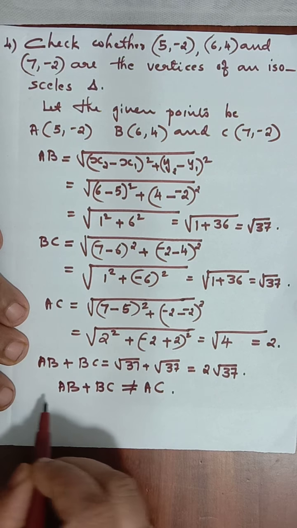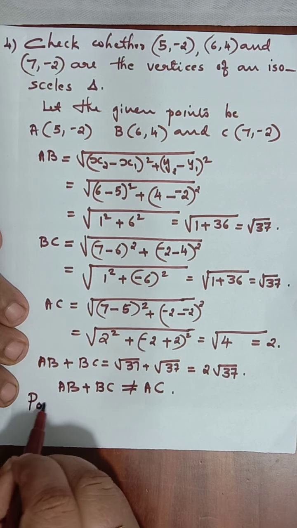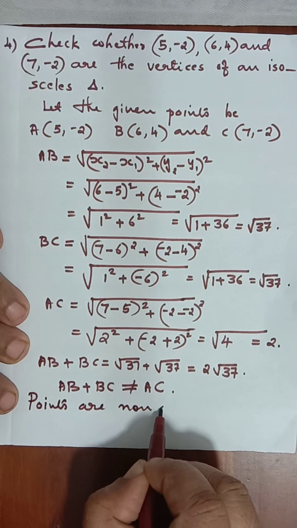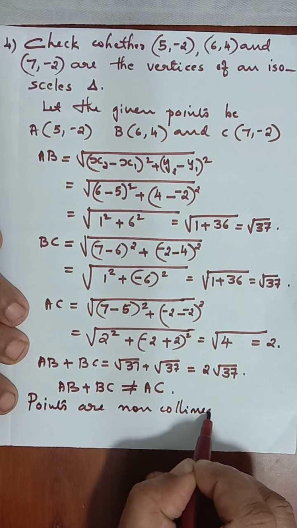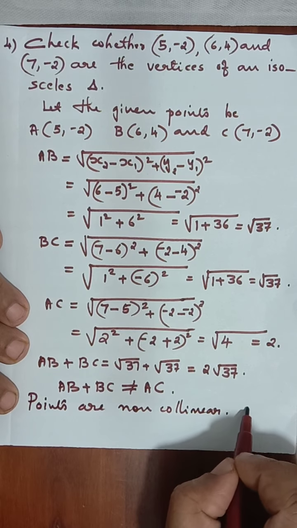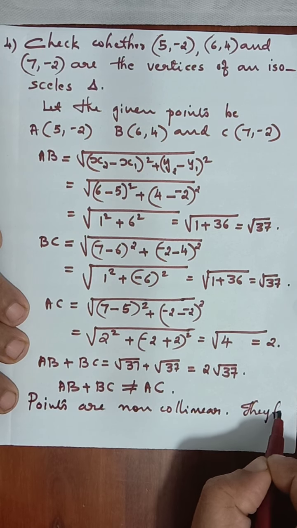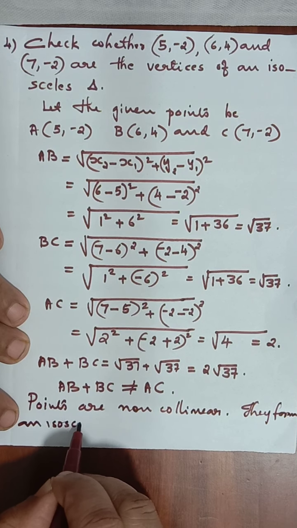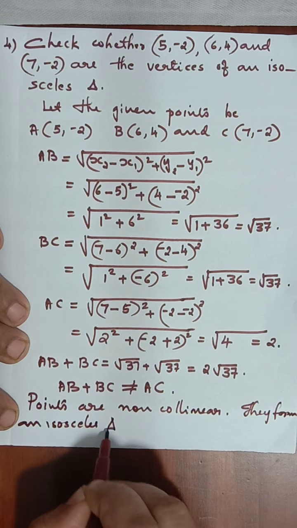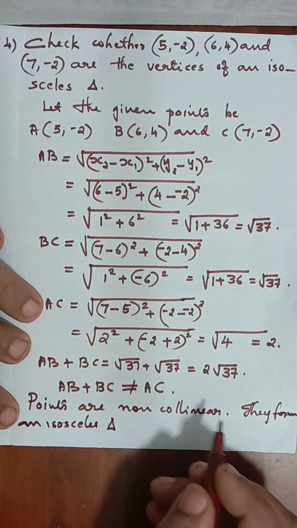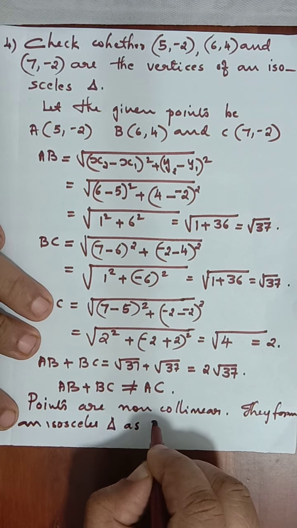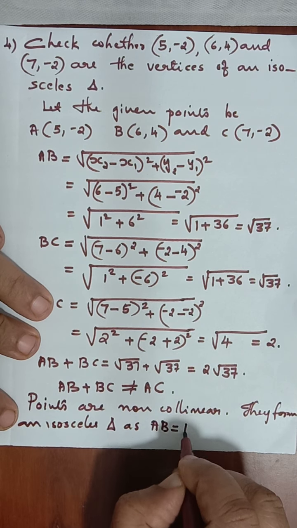So, write it in words. Points are non-collinear. They form an isosceles triangle as length of the sides AB equal to BC.